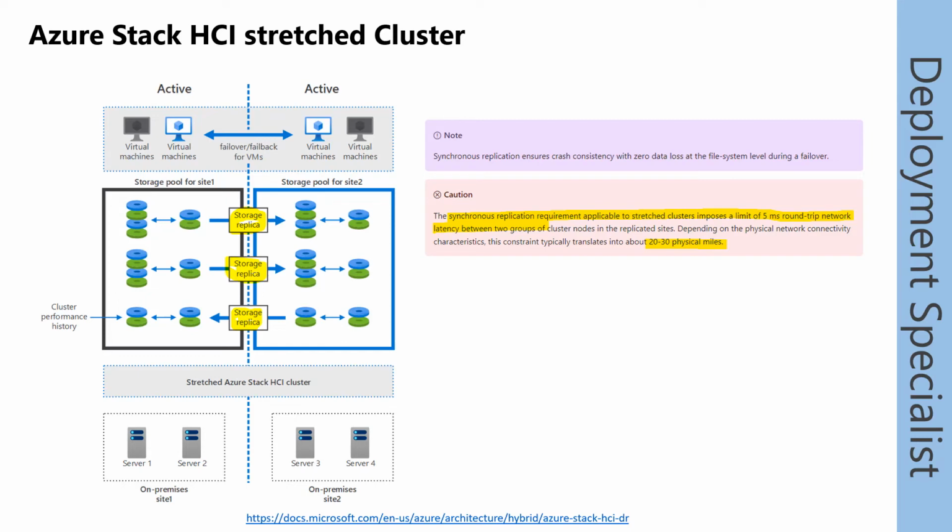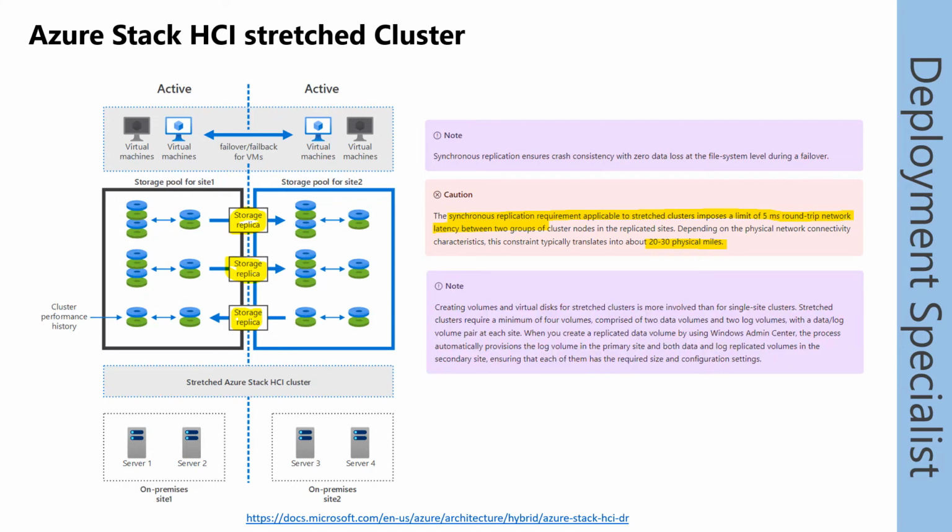So creating volumes in an Azure Stack HCI stretched cluster is a little bit more involved than for single-site clusters because we have additional volumes. When we create volumes using Windows Admin Center, we have additional volumes for the log data, because Storage Replica needs a volume for its logging information to provide this replication between the two sites.